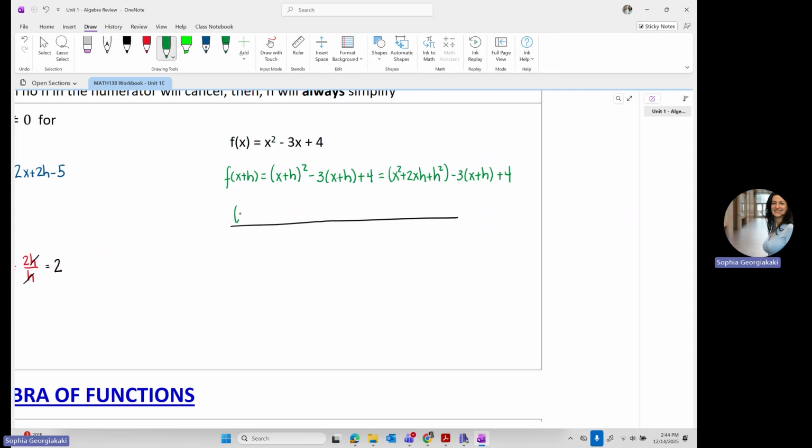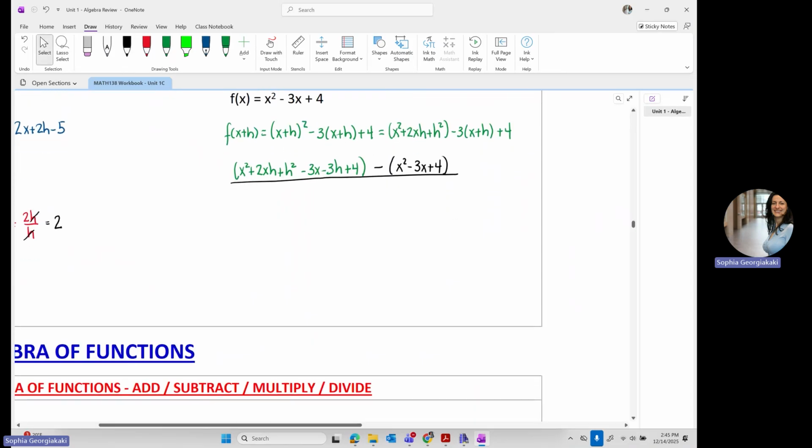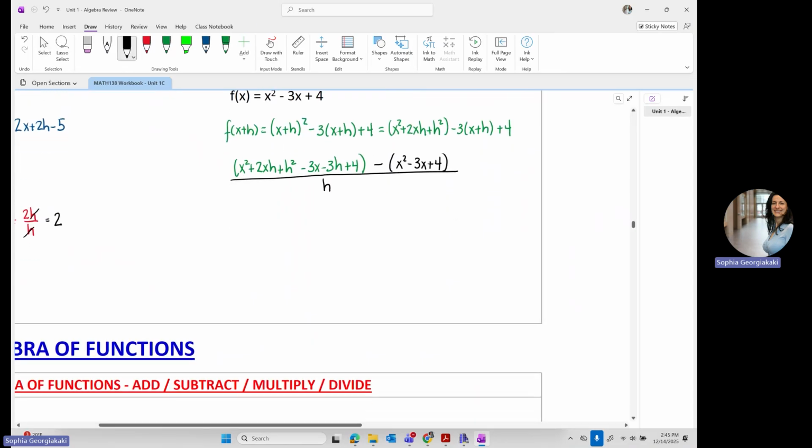So it will be x squared plus 2xh plus h squared minus 3x minus 3h plus 4. And then I will subtract f of x, which is x squared minus 3x plus 4. Remember to always substitute the quantities in parentheses. And in the bottom, I have to divide by h.